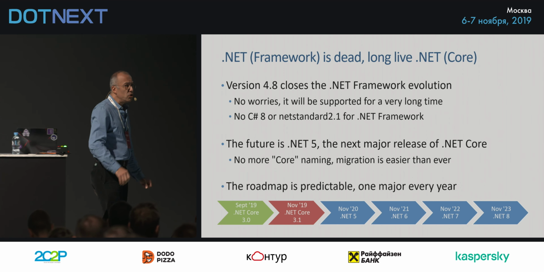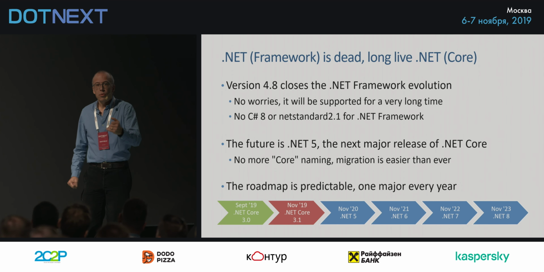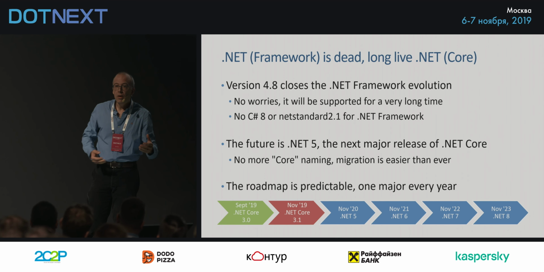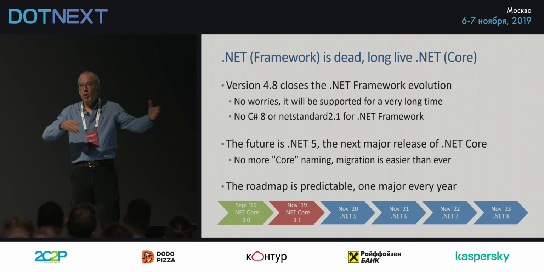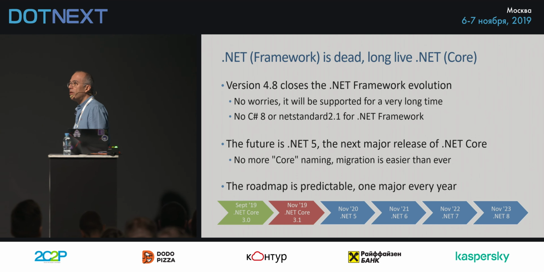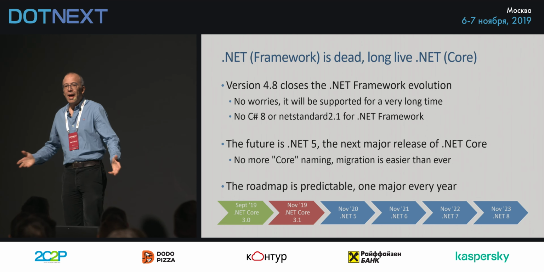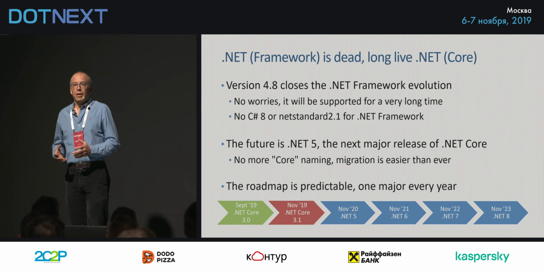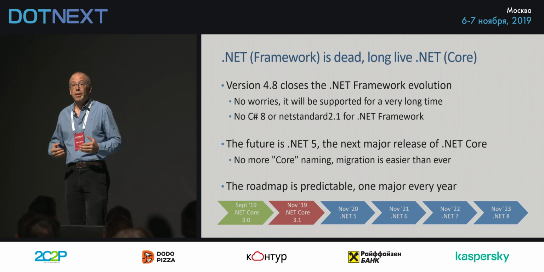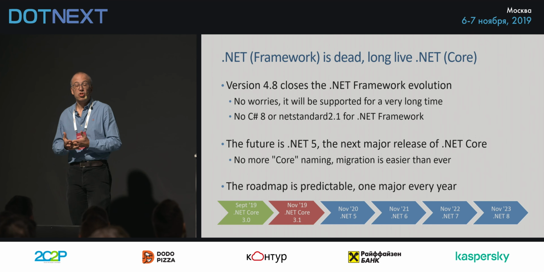By the way, C# 8 and .NET Standard 2.1, the latest .NET Standard, this standard contract that allows binaries to be reused across multiple frameworks, will not be implemented by .NET Framework itself because it doesn't have enough features inside the core CLR that permit running these changes.